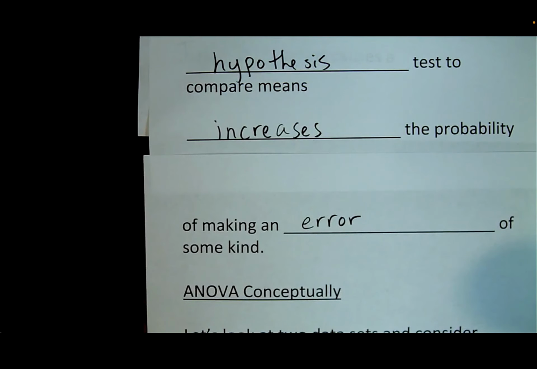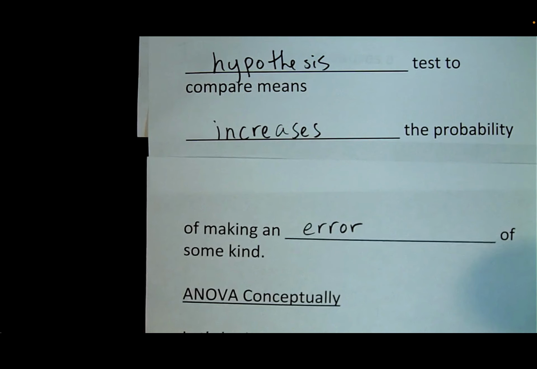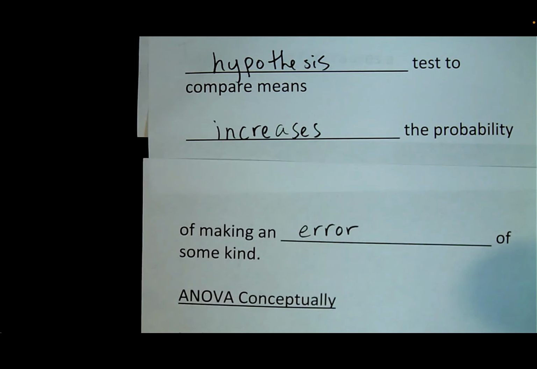Okay, so you can weigh which type of error is more important to you, and how much error in each type you can stand. But the big picture here is that if we were to go back to just comparing means 2 at a time, we'd have to do more hypothesis tests, and that's going to increase the probability of making some kind of error. That's why we need ANOVA.